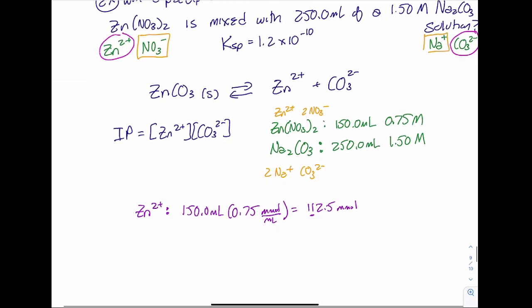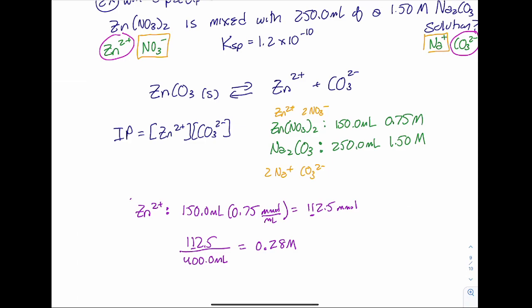Millimoles. And then we need to divide that by the total volume, which is going to be the 150 milliliters plus the 250 milliliters. So 400.0 milliliters. And I get 0.28 molar.